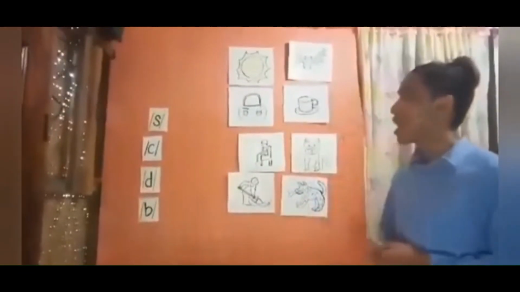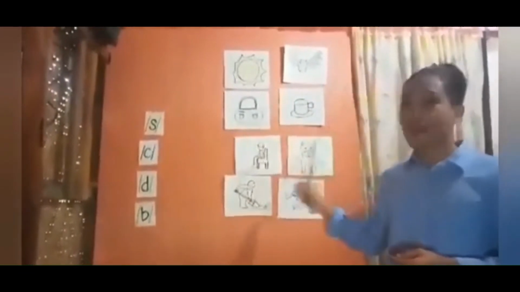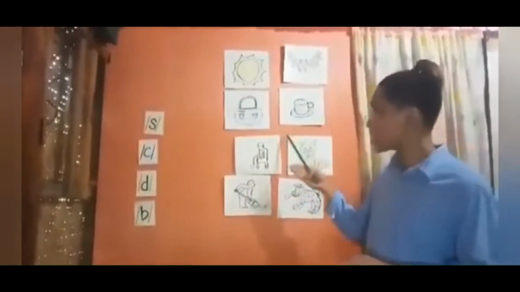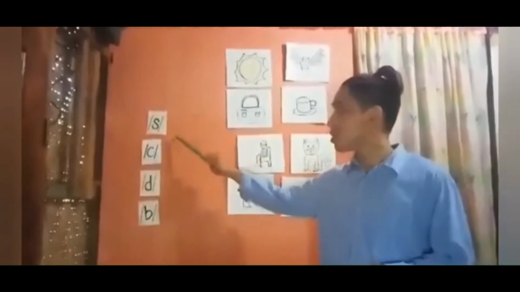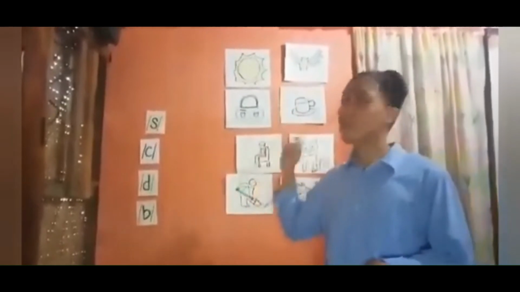As you can see, I have here letter cards in front of you and also pictures. In this activity, you will place the letter cards that correspond with the first sound of the first letter of this picture.